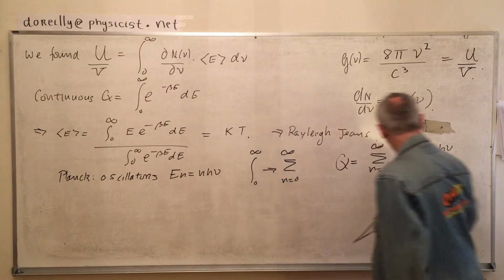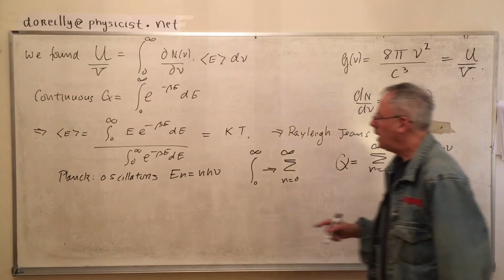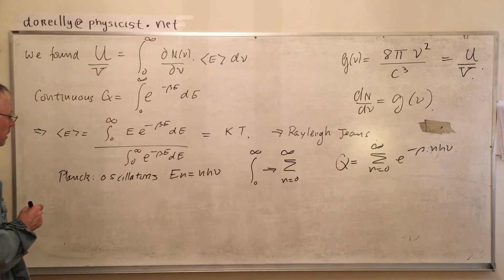We put the En equals n h nu in here with the new q, and we get the exact same kind of expression, right?